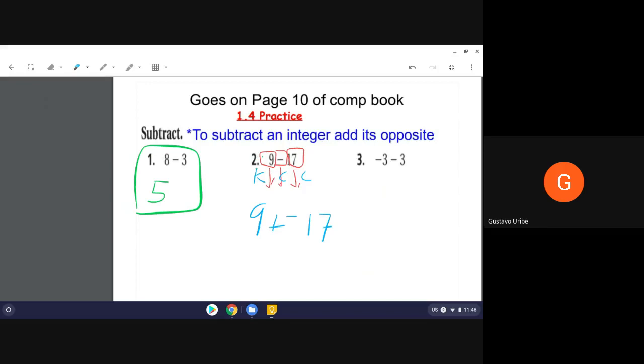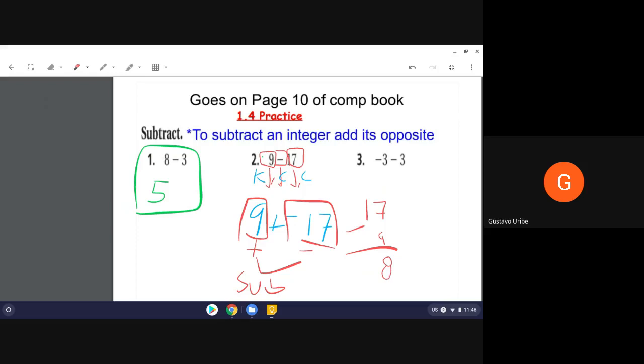Okay, so we didn't have to do this in this problem, but you could have just taken 9 minus 17. Well, this is a positive. This one right here is a negative. So that must mean I'm subtracting them, which you can do 17 minus 9. You can use your fingers if you need to, or start from 9 and count up to 17.